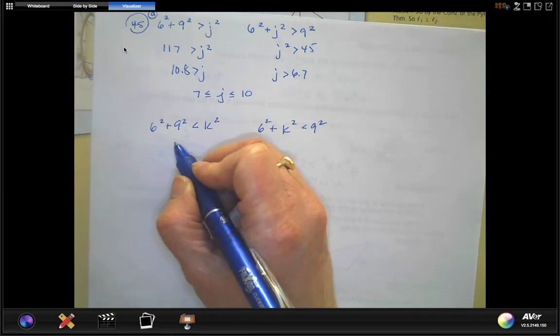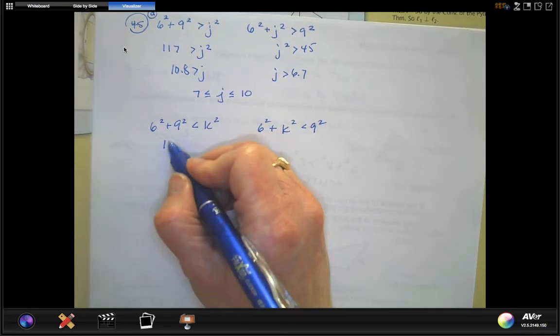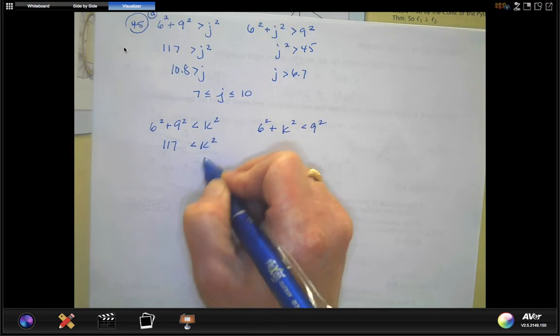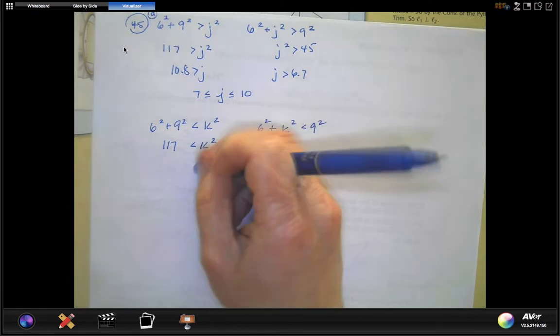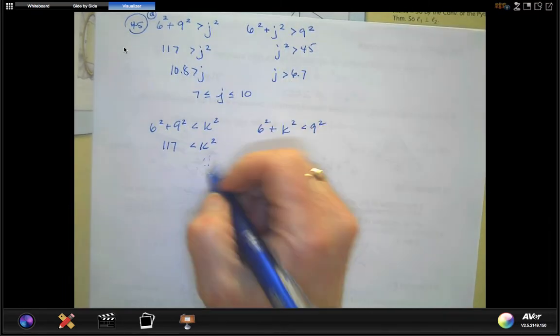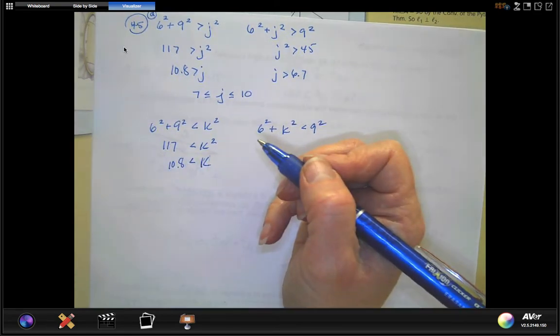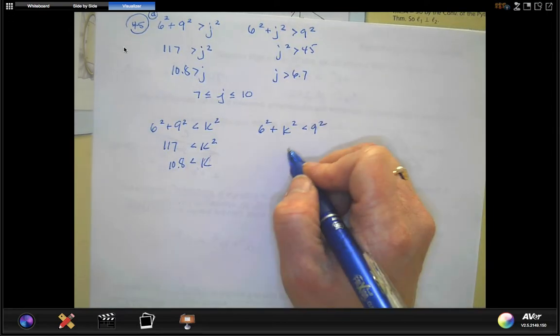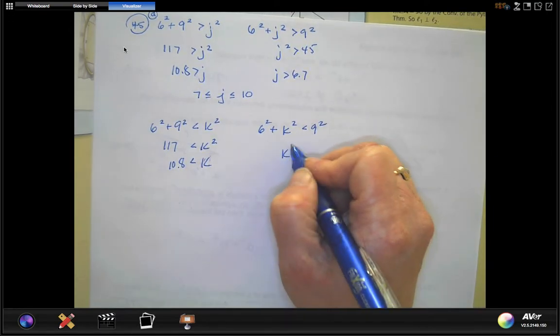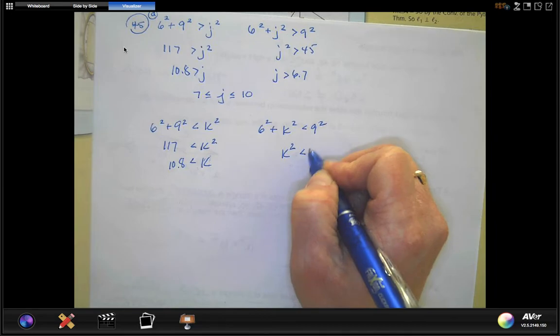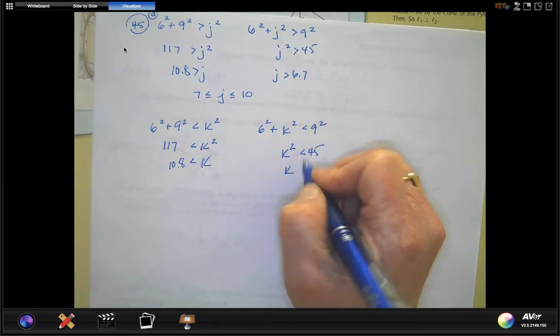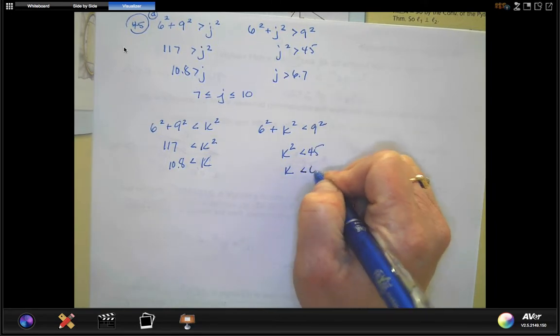This way over here, we end up again getting that 117. So then k has to be greater than 10.8. And then over here, if you do it this way, you get k squared is less than 45, so k is less than 6.7.